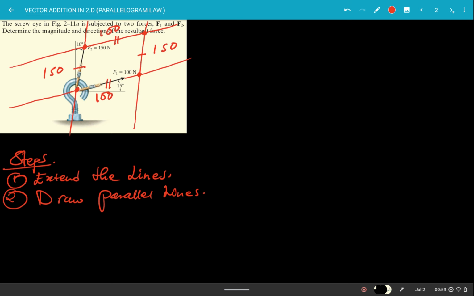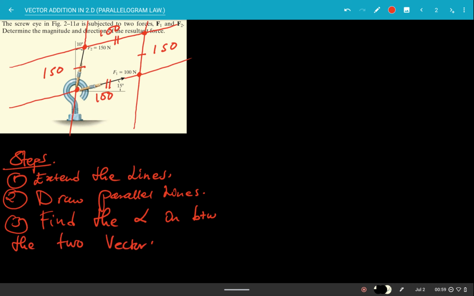Now the next step is simply to find the angle in between the two vectors. Always do this. Always find the angle in between the two vectors. As we can see, I'm having my F2 there and my F1 there.